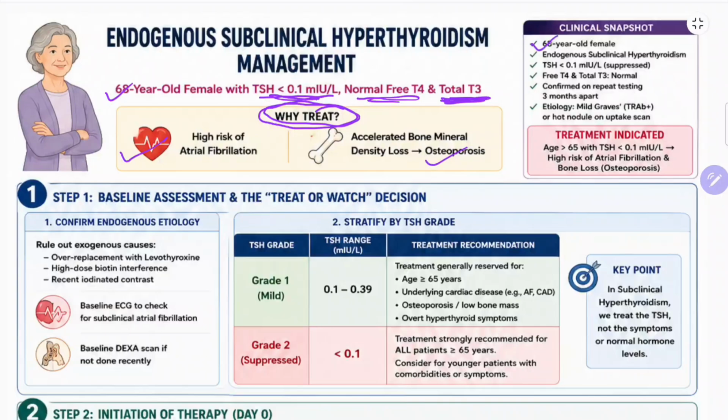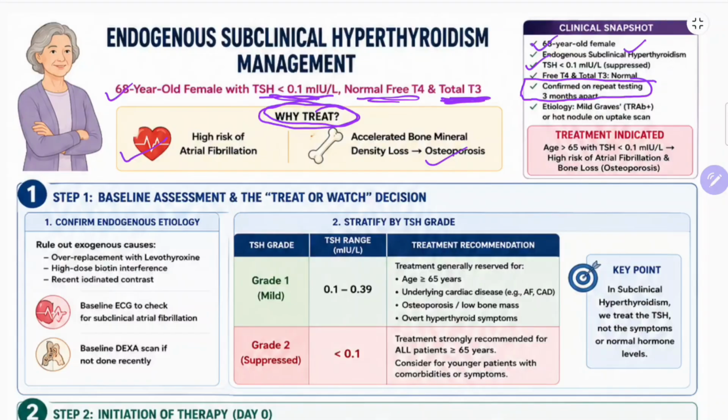So in this patient, she is 68 years old and subclinical hyperthyroid, TSH is less than 0.1, and it is confirmed, this is important, by taking the samples 3 months apart. So you should confirm this subclinical hyperthyroidism by taking one more sample 3 months later.